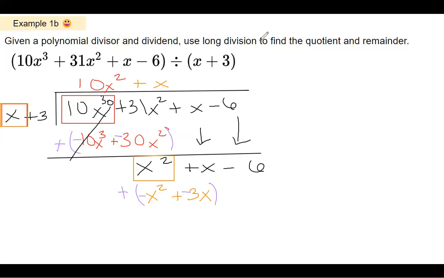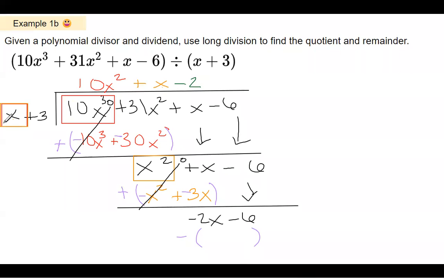Okay, let's see. Once I combine the terms here, what do I have? This goes to 0 and I'm left with x minus 3x. There you go, negative 2x. Bring down our 6, minus 6. And now I have to multiply this by negative 2. So let's go ahead and multiply the last term by negative 2. So minus 2. Let me go ahead and write my negative parentheses.